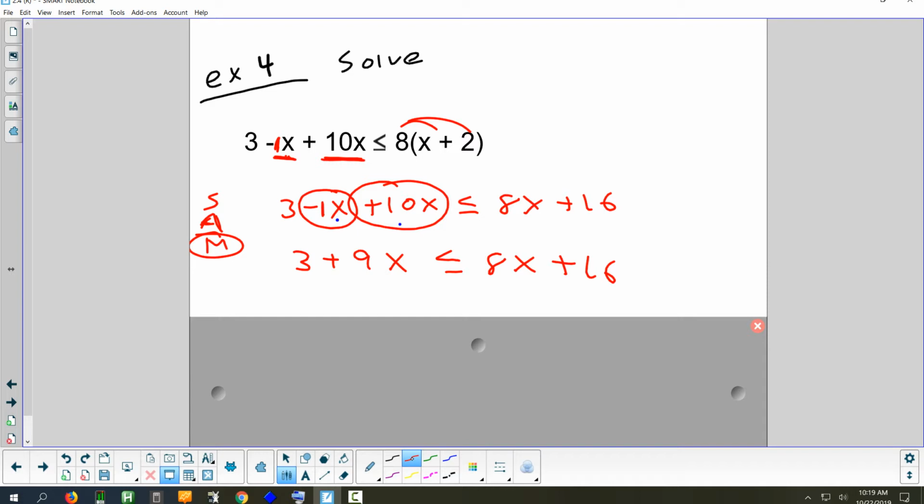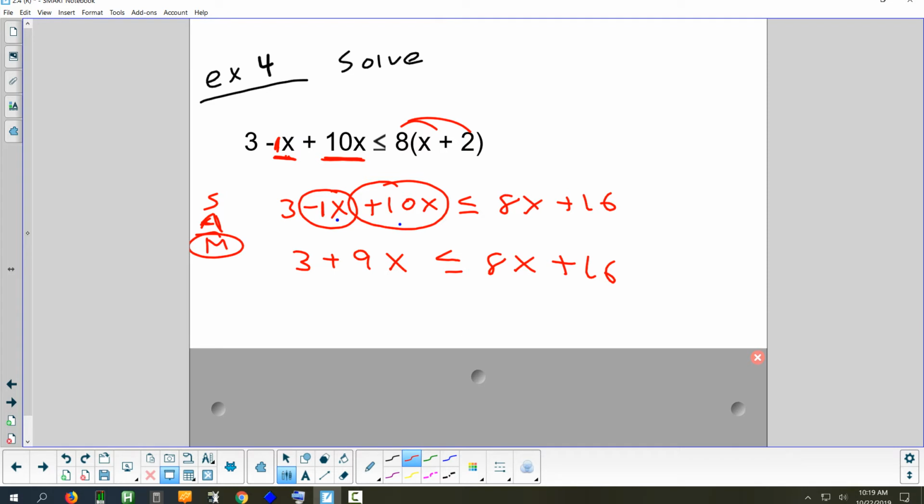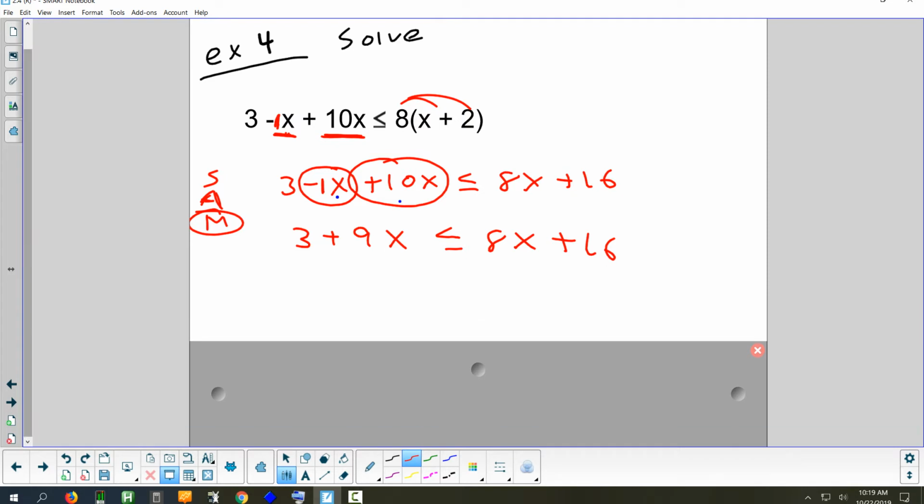So, Jaden, can you tell me how to get the letter on the left side? You would subtract 8x. Perfect. Subtract 8x on the right. Subtract it on the left. Maya, what's 8x minus 8x? 0. It's gone.